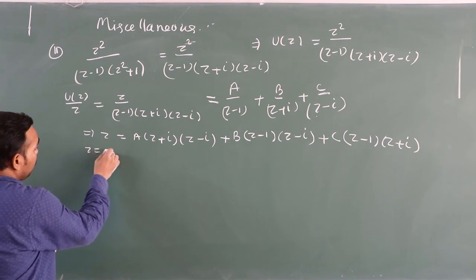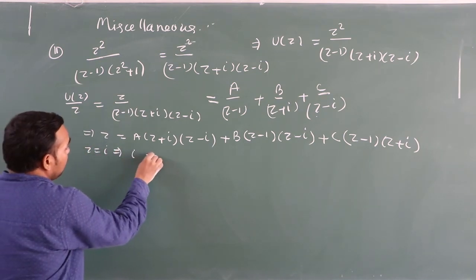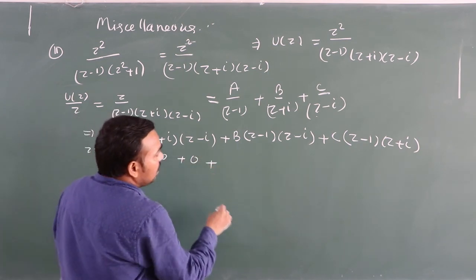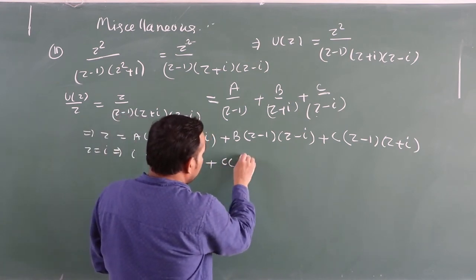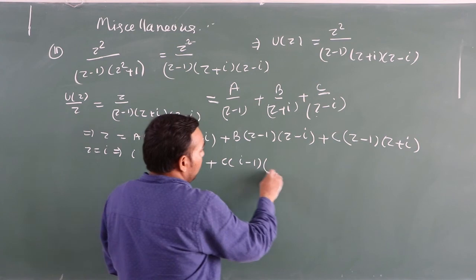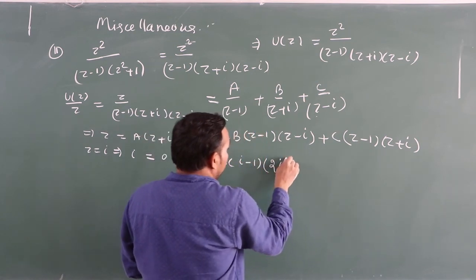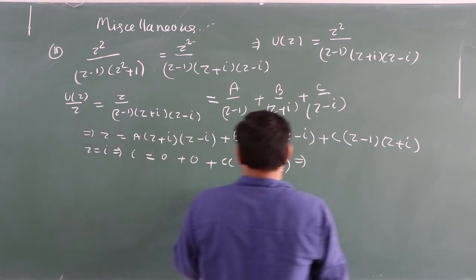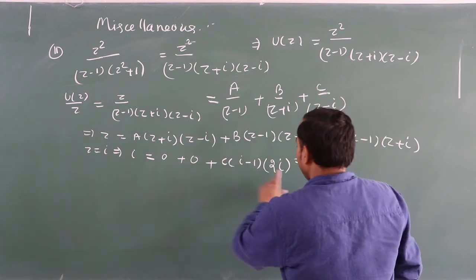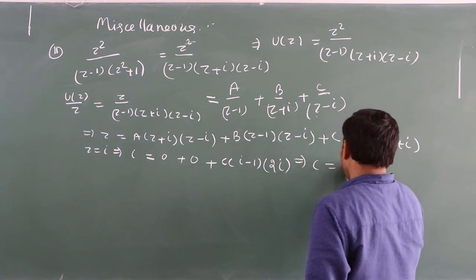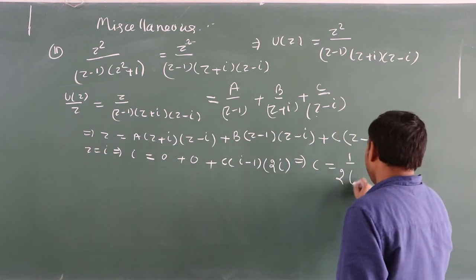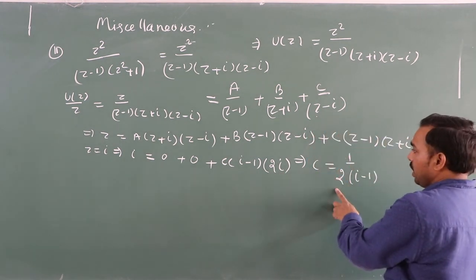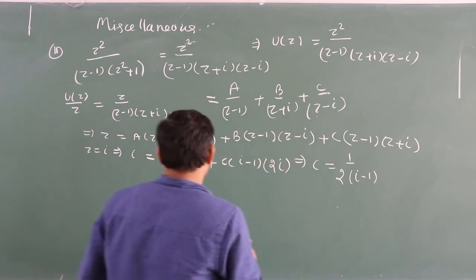Quickly write z equal to i: the first term goes to 0, the second goes to 0, and C times (i minus 1) times 2i gives i. Then the i's cancel, and finally we get C equal to 1 upon 2(i minus 1).